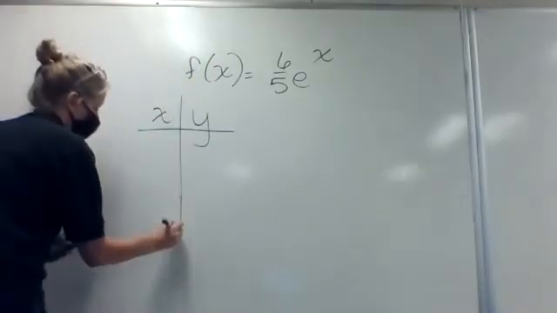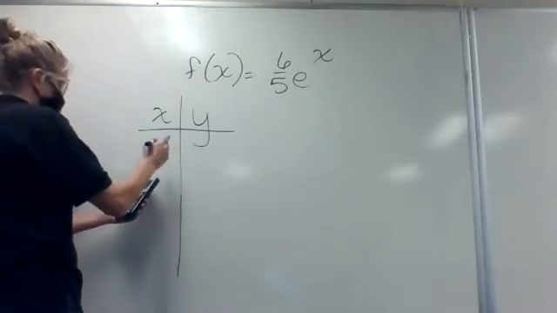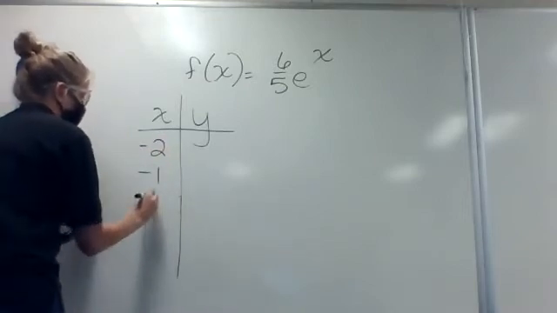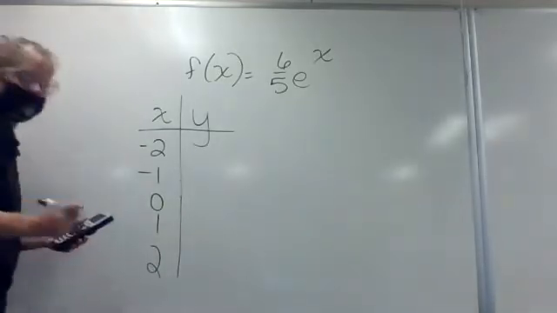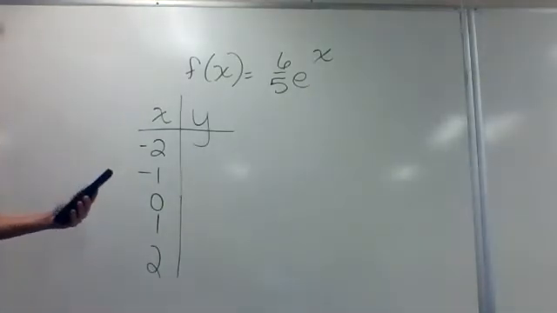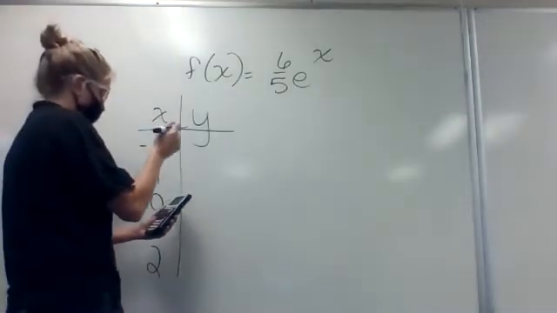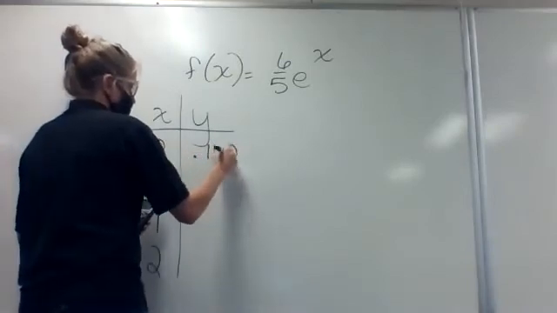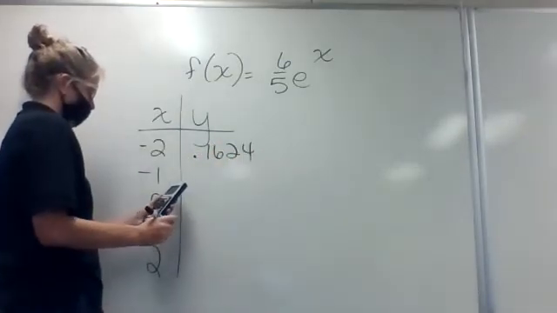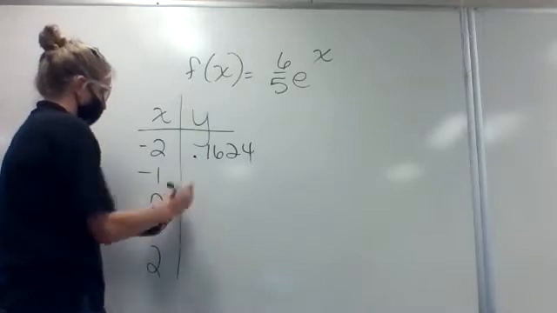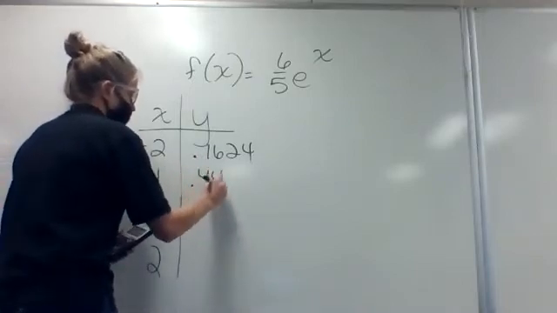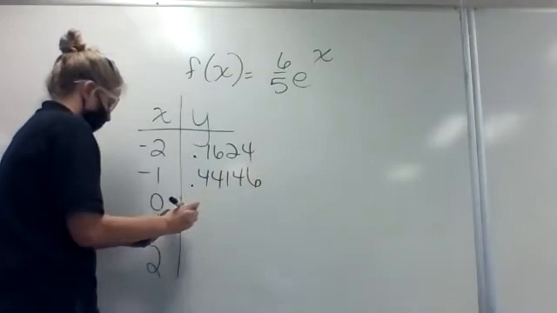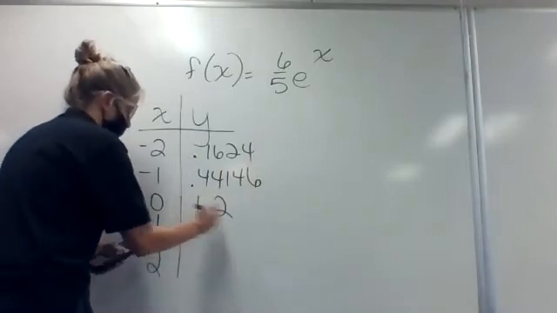So let's look here. Let's just start with -2, -1, 0, 1, and 2 this time. -2 goes with 0.164. -1 goes with 0.44146. 0 goes with 1.2.